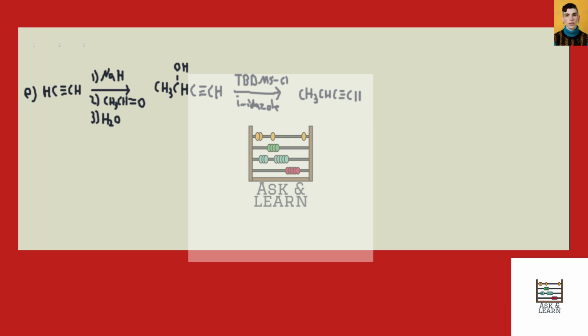Now we can use sodium hydride again, and rather than deprotonating that alcohol, it's going to deprotonate the alkyne. And so we'll make another acetylide type ion.